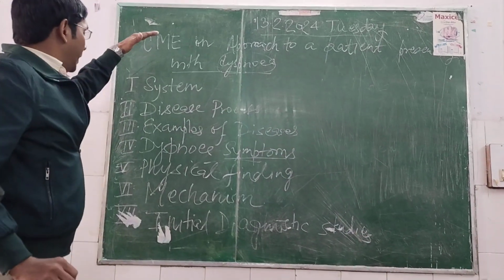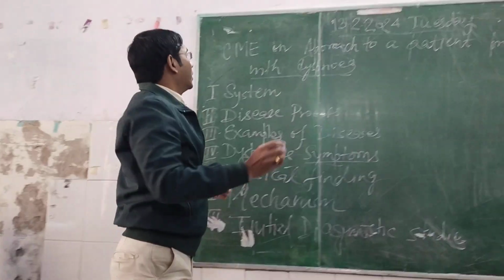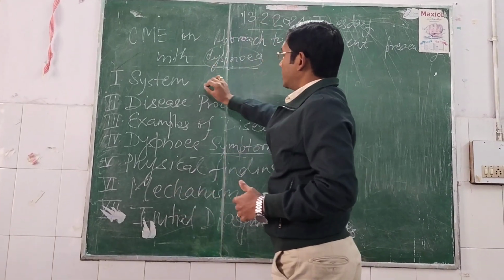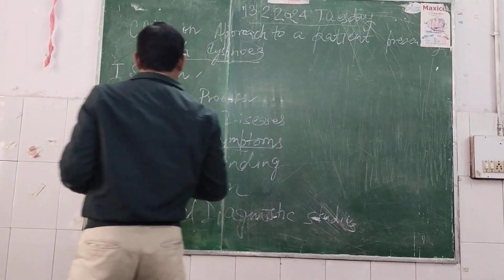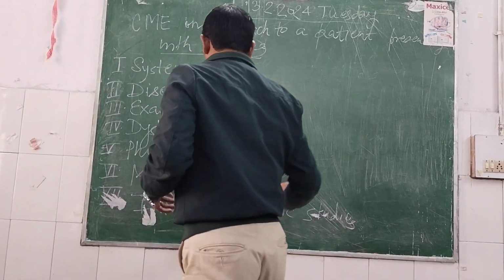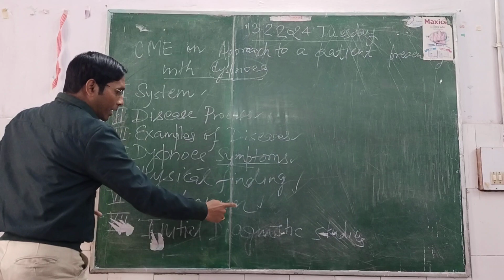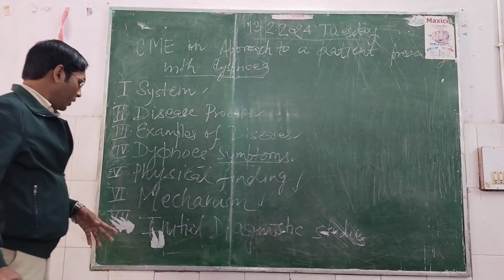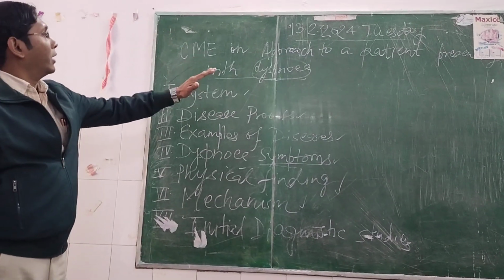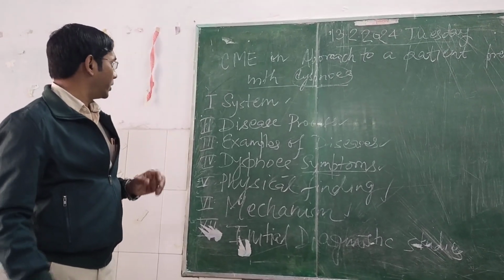So this is the structure or the skeleton of today's CME: a patient presenting with dyspnea will be described under these 7 headings: system, disease process, examples of diseases, dyspnea symptoms, physical findings, mechanism underlying dyspnea, and initial diagnostic studies. This will complete the approach to a patient presenting with dyspnea.